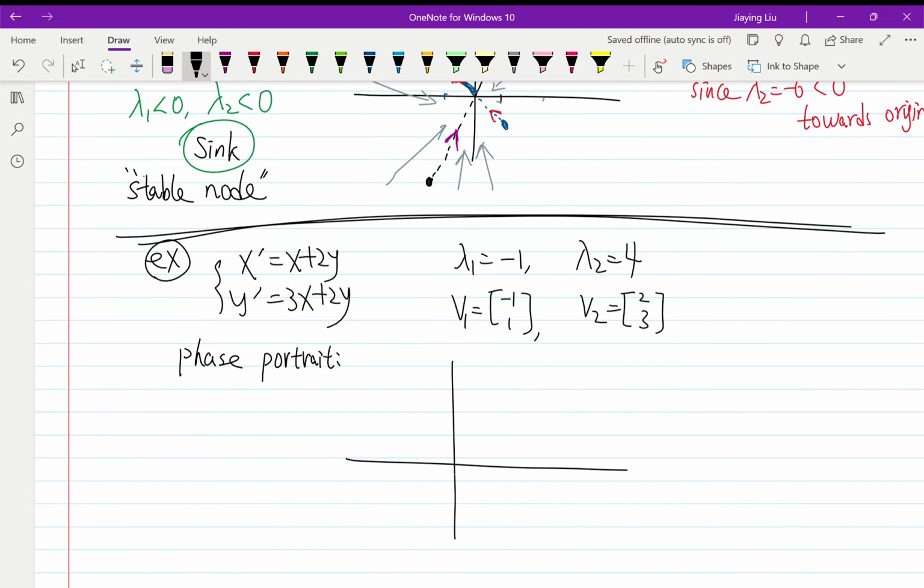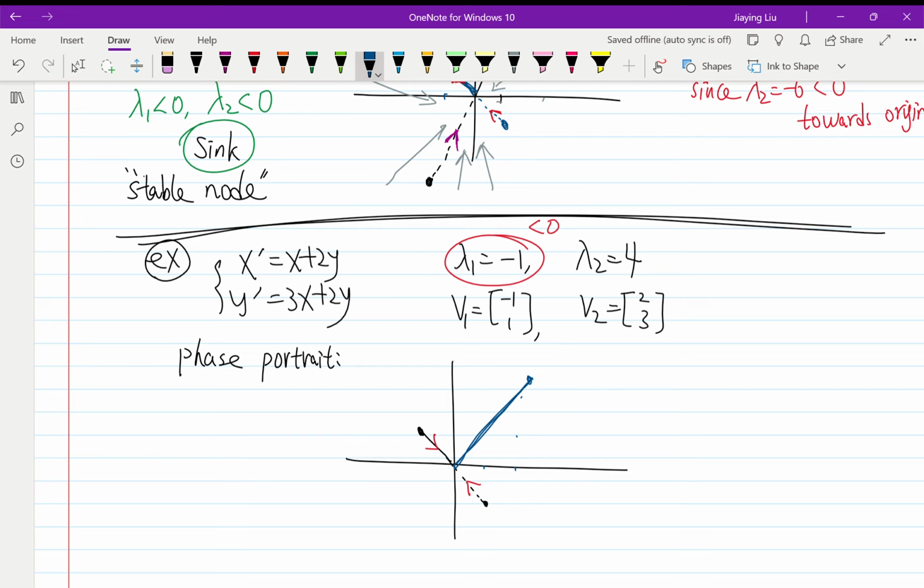So I'm going to plot V1. So that's going to be negative 1, 1. It's going to be this vector. And because lambda 1 is less than 0, it's going to point towards the origin, and the reflection is also going to point towards the origin. And if I plot V2, 2, 3, so 1, 2, 1, 2, 3, I get this vector.